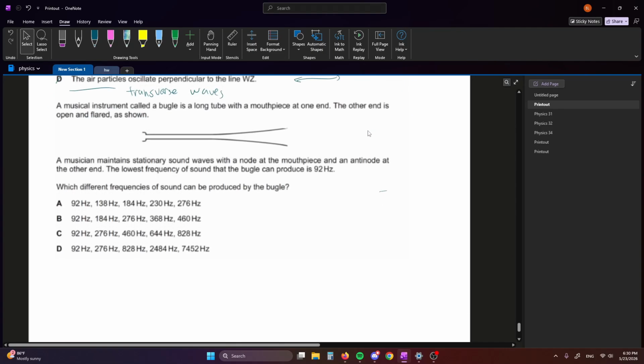A musical instrument called a bugle is a long tube with a mouthpiece at one end. The other end is open and flared as shown. The musician maintains stationary sound waves with a node at the mouthpiece and an antinode at the other end. The lowest frequency of sound that the bugle can produce is 92 hertz. Which different frequencies of sound can be produced? Okay, so we know that the speed is proportional to frequency multiplied by wavelength, right?